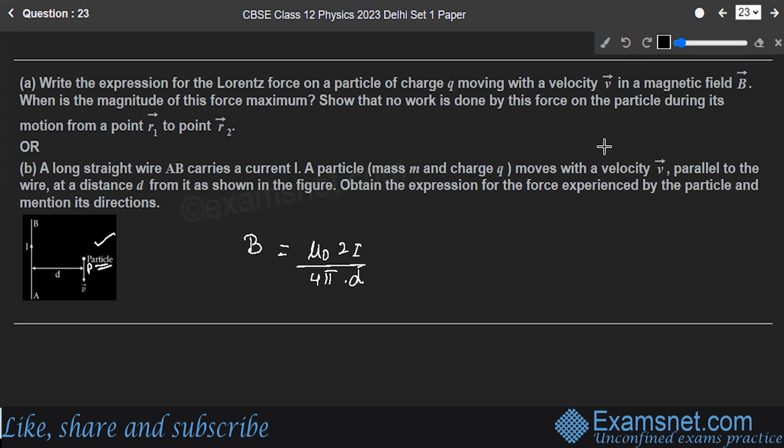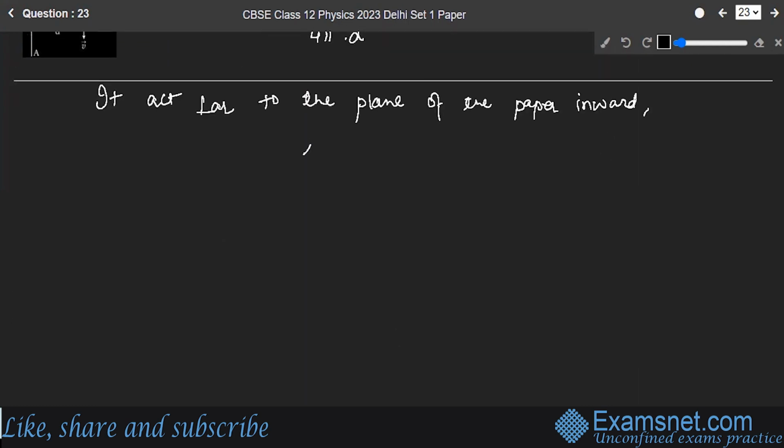It acts perpendicular to the plane of the paper inward, represented by n cap.